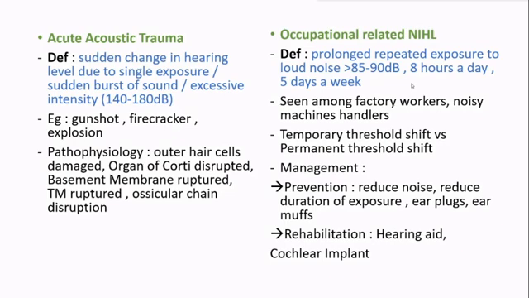Sometimes, because they work so hard, it can cause disruption or dislocation of the ossicular chain. And sometimes when the ossicles hit the tympanic membrane too fast, or the energy is too much, it can cause rupture of the tympanic membrane.